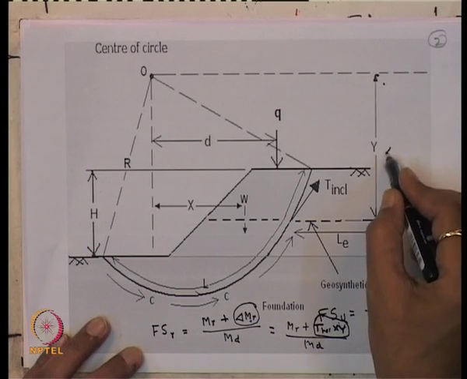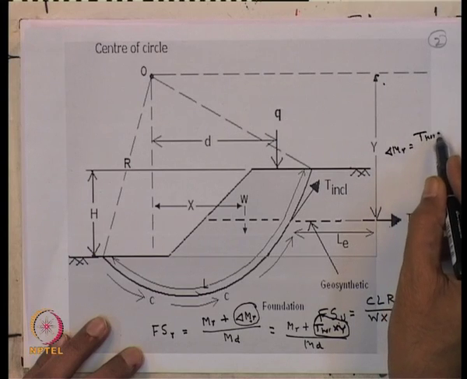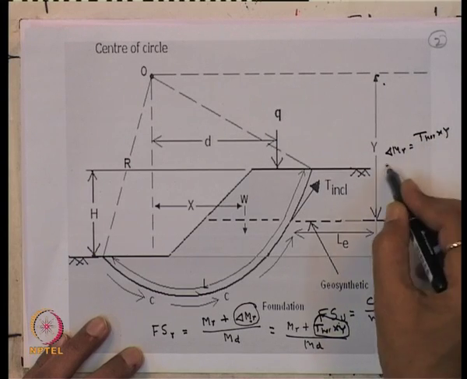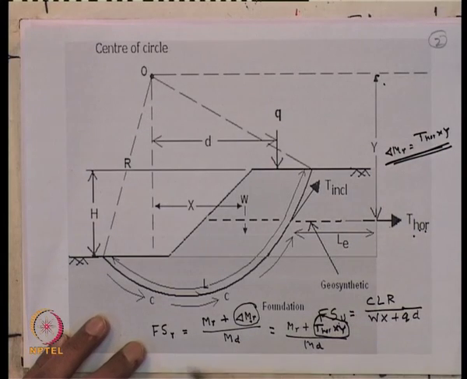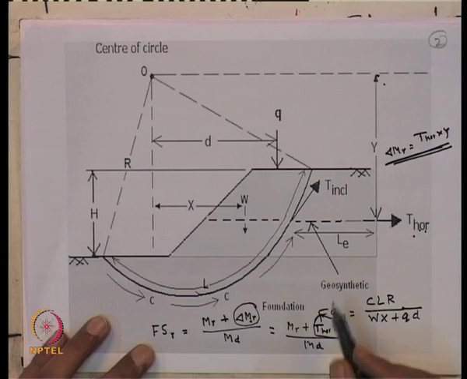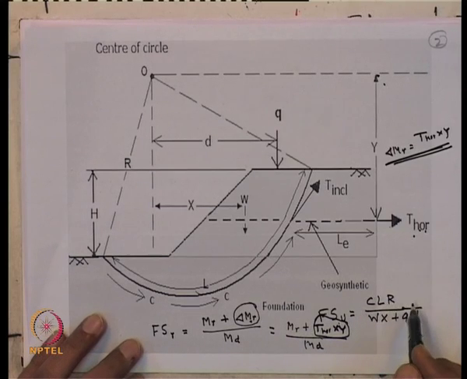That means delta M_R is T horizontal into Y, and that is the reason the factor of safety increases due to the introduction of the geogrid material, because this part will be of higher value and this is constant. So, this factor of safety will be on the higher side.